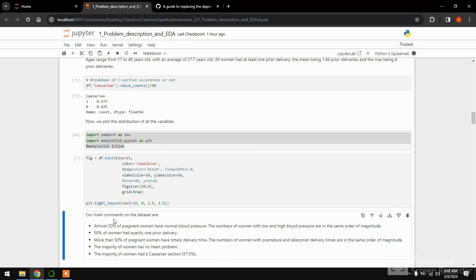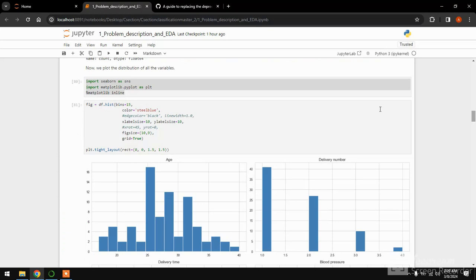If you already have the libraries installed, you're not going to get any errors here. But if you don't have the libraries installed, you're definitely going to get an error when running this part of the source code. Now we export this simple source code into a graphical presentation of our dataset.